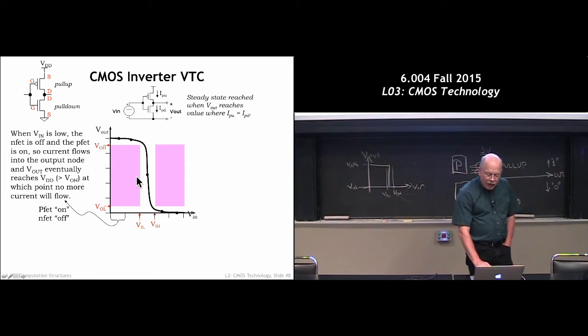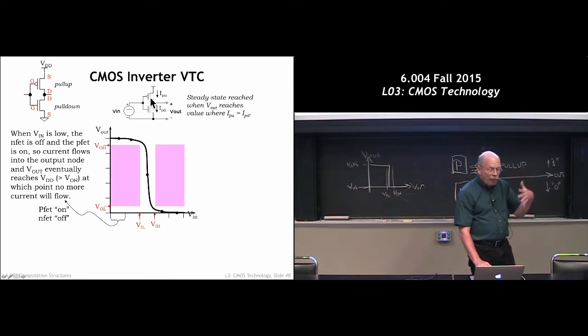In this region here, when the input voltage is low, the pull-up is on, because remember, when the gate voltage is low on a P-channel MOSFET, it's on, and when the gate voltage is low on an N-channel MOSFET, it's off. So the P-FET is on, the N-FET is off. We have a switch now connecting the output node to the power supply.